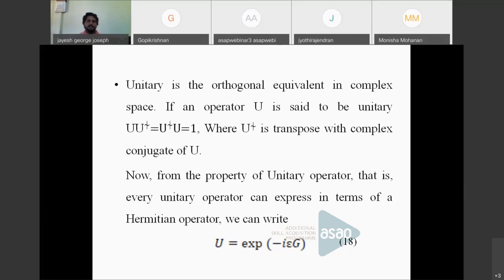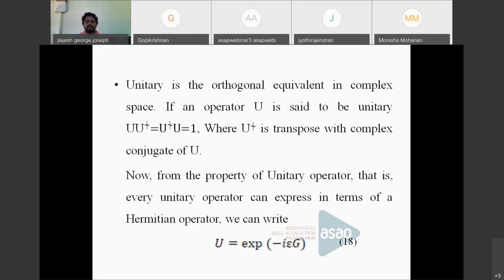Here these values may be complex, therefore we take the complex conjugate along with the transpose. And if it follows this condition, it is termed unitary. I think you are already familiar with the properties of unitary transformations. Now, from the property of a unitary operator, every unitary operator can be expressed in terms of a Hermitian operator.